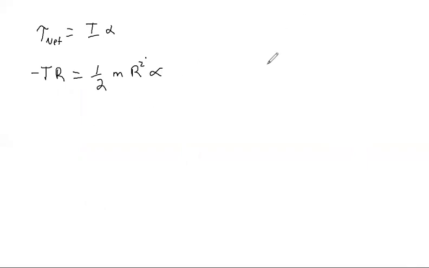And I also have my other equation for the falling mass, which said that tension minus big Mg equaled big M times A. So right now, let's count unknowns. The tension is unknown, alpha is unknown, and A is unknown.